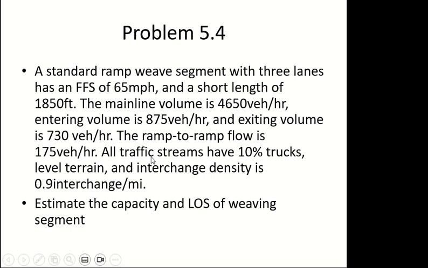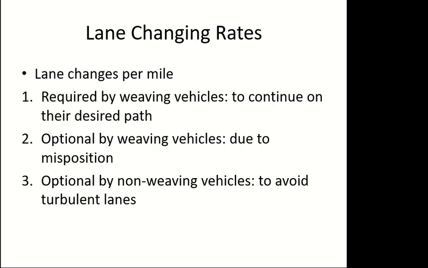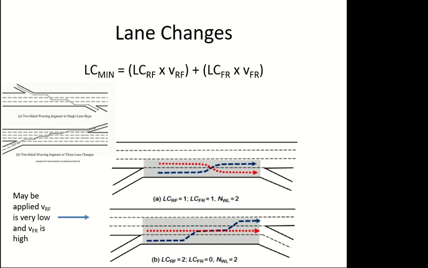Okay, let us look at an example. Pay attention, we will not be doing many examples here, and you can see there can be many changes in the geometry of the segment, so you need to pay attention so that you understand the concept. We have a standard ramp weave segment with 3 lanes here.